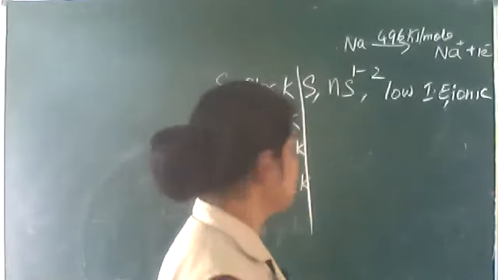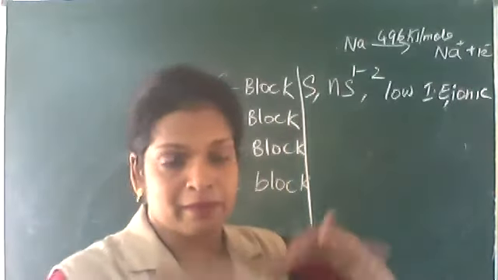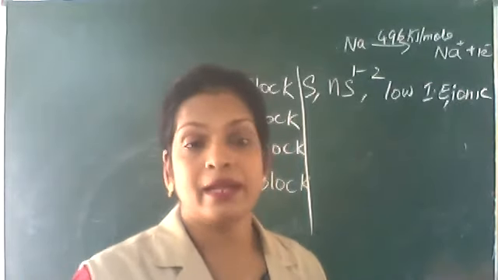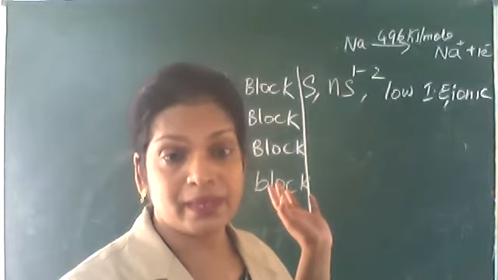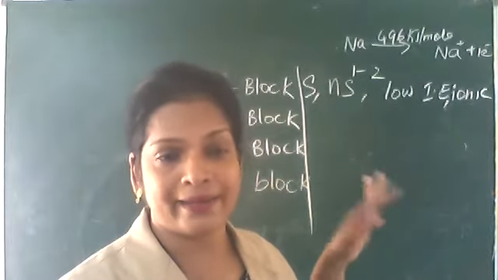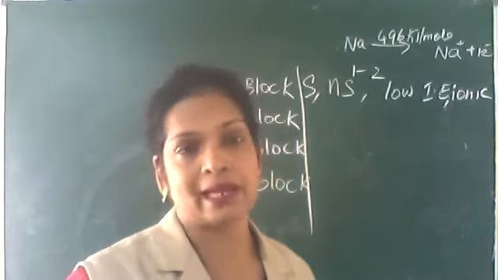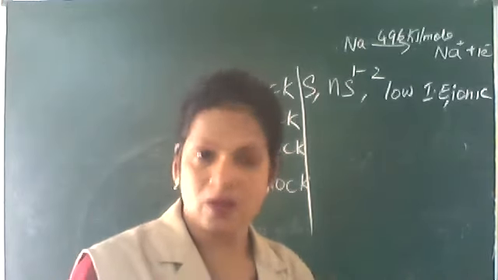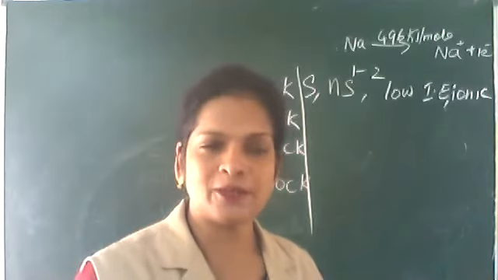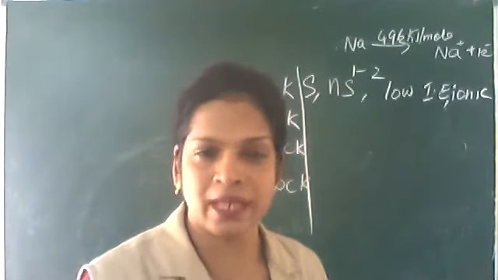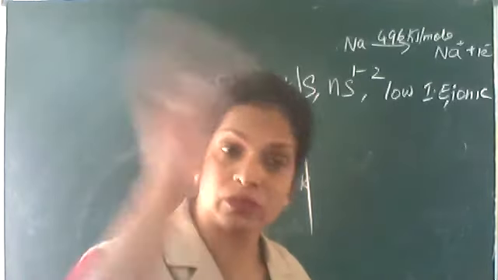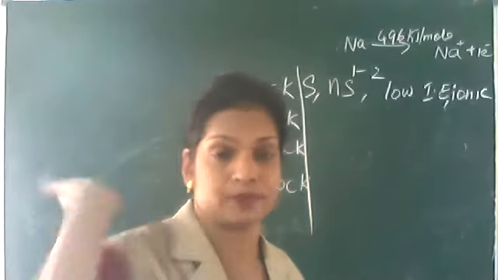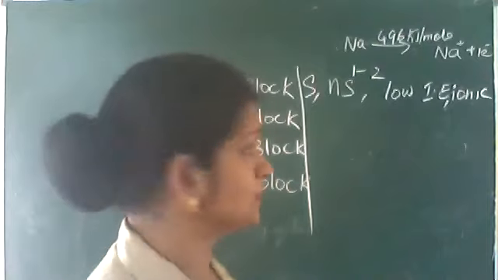Anyway, S block elements, they are having bigger size in a period. Last year you learned in a period, alkali and alkaline earth metals are having bigger size. Bigger size means the last electrons are not very well attracted by the nucleus. You can easily remove that electron. The amount of energy that we supply to remove that most loosely bound electron, that is called ionization enthalpy.